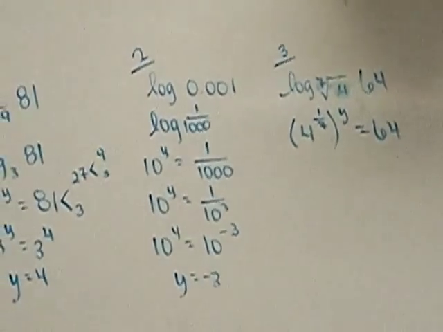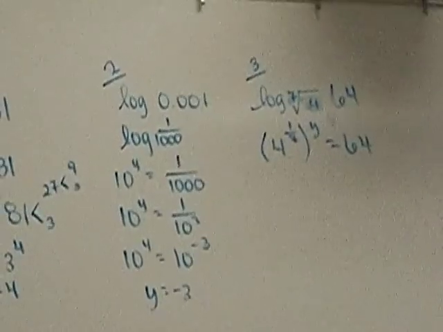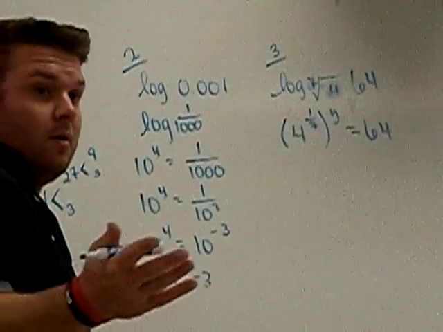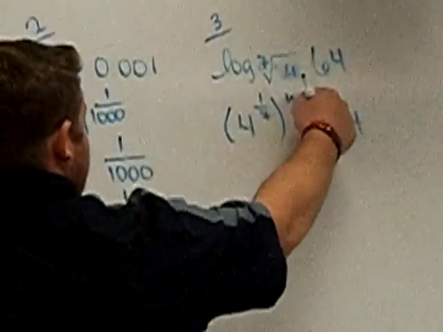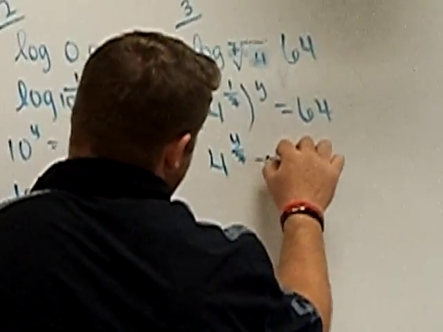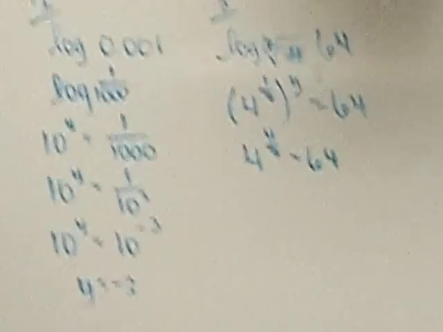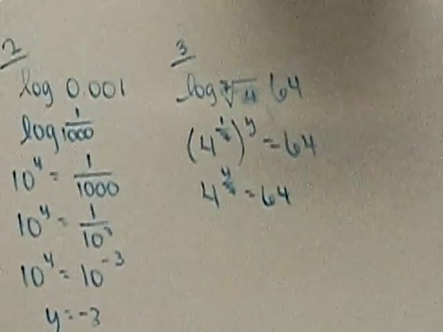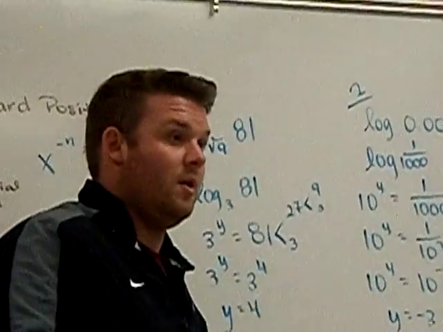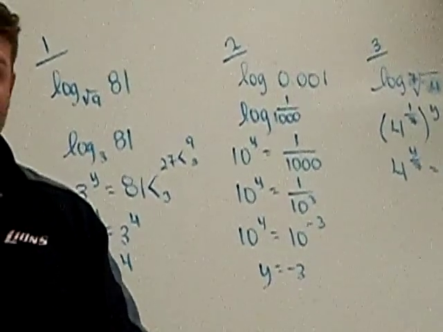Well, when you have a power raised to a power, what do you do with exponents? Multiply, correct? So 1/7 times y, 4 to the y over 7 equals 64. What is 64? 4 to what power gives me 64? I can say 16 times 4, and 16 is 4 squared.